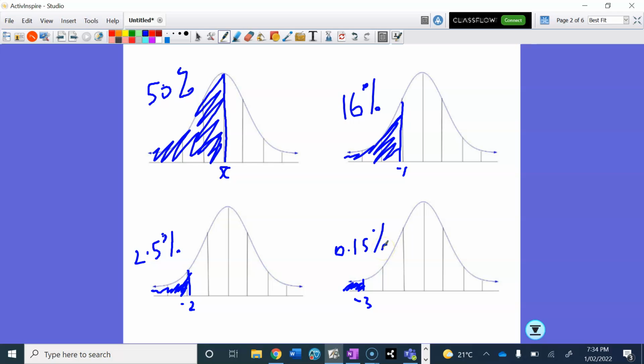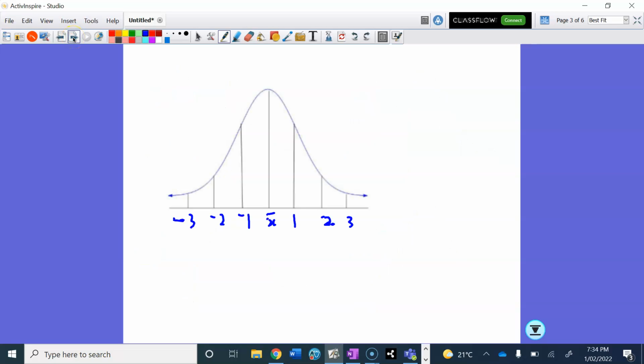So if we had 100 pieces of data, for example, 50 of those data will be less than the mean, 16 of those data will be 1 standard deviation less than the mean, 2.5 of them will be 2 standard deviations less than the mean, and 0.15 of them would be 3 standard deviations less than the mean. So those 4 values, left and right, on a normal distribution graph are important numbers to remember.